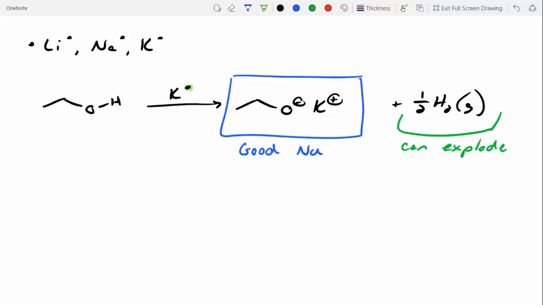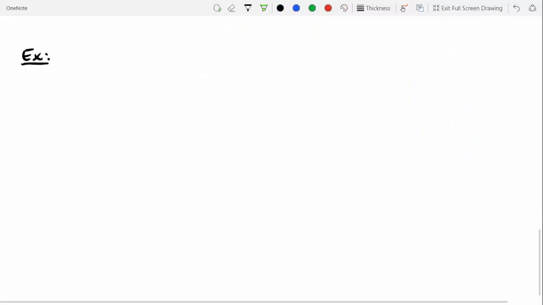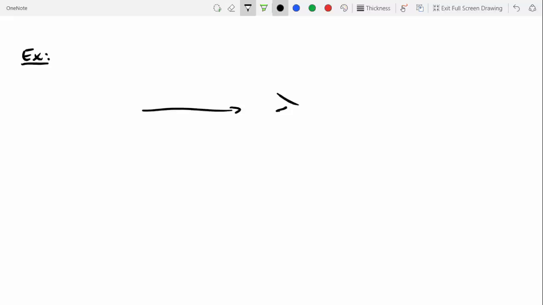If it's a good nucleophile and it's really unstable, it's probably also good at stealing protons, right? So it's also a good base. So we saw these used for E2 eliminations where we could use sodium ethoxide or potassium tert-butoxide. Now we actually know how to make that reagent. So for example, let's say I'm running a reaction and I need to form potassium tert-butoxide.